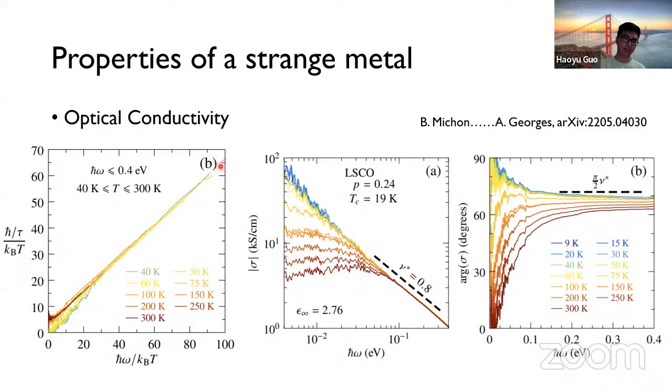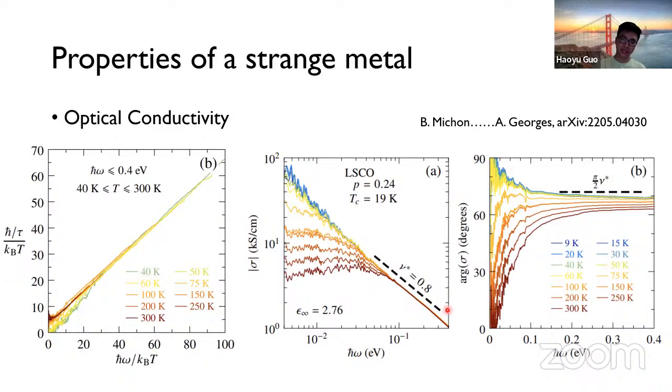They actually found that at different temperatures, there is a good scaling collapse. And related to that, they also found a power law in the optical conductivity with an exponent nu, which is close to 0.8.